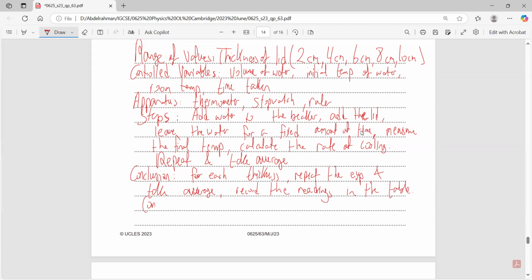How can I compare the results? Compare the results by plotting a graph of the thickness versus the rate of cooling.